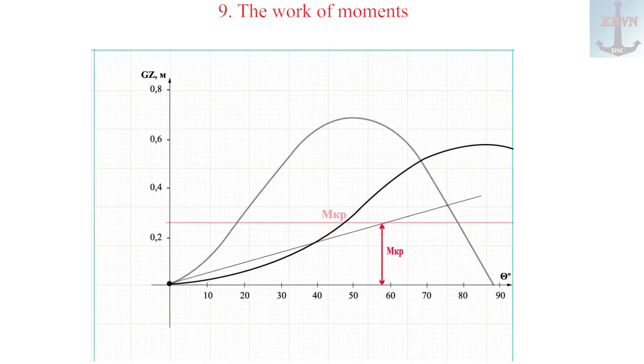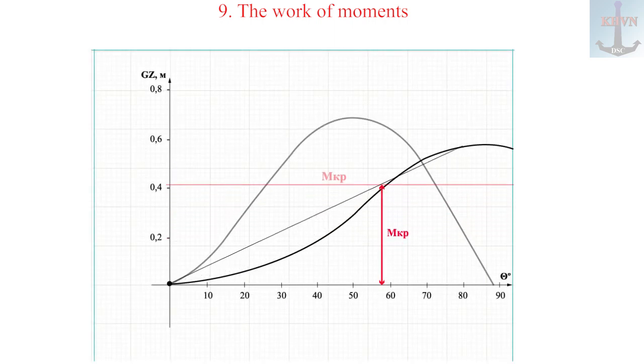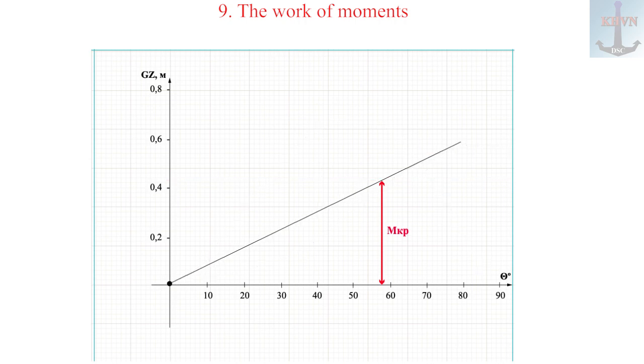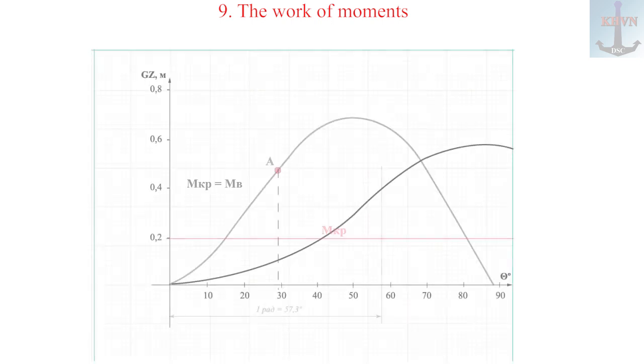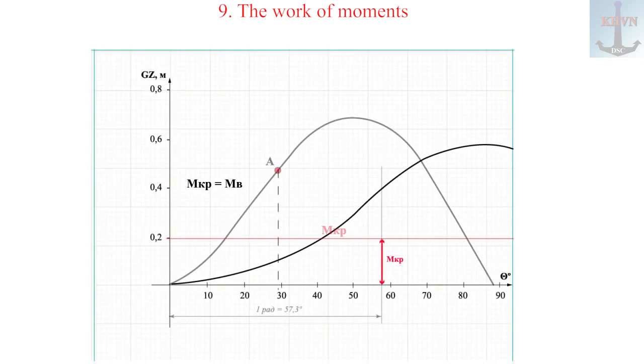To begin with, I will demonstrate the work graph of the overturning moment. This is an inclined straight line with a slope equal to the heeling moment or its arm. When working with DSD, you can't do without additional constructions. 1. A line segment of 1 radian is plotted on the x-axis. 2.